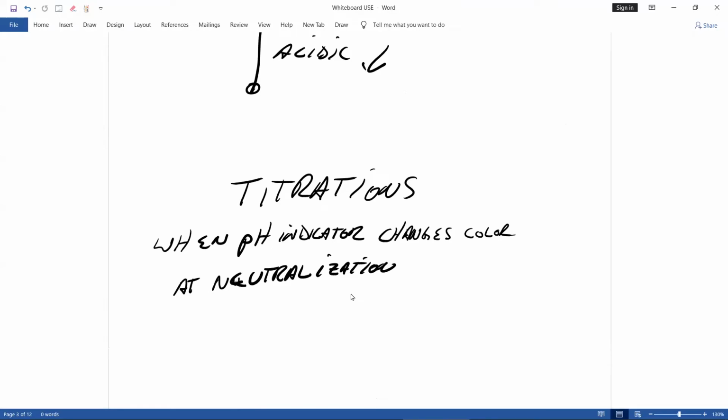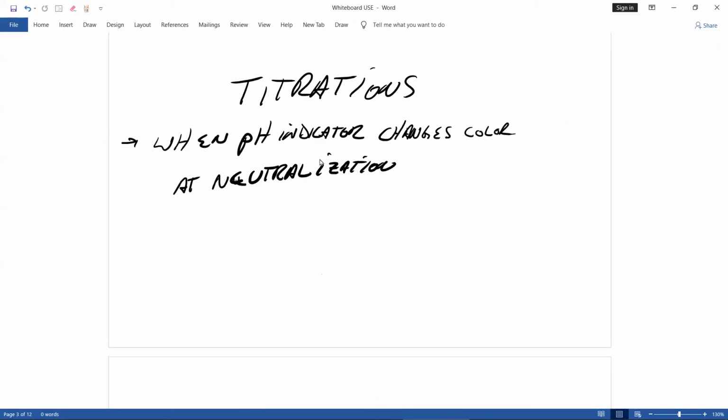All right, when you do a titration using a pH indicator, when the pH indicator changes color, you're at neutralization. What does that mean? You're at pH 7 when using phenolphthalein, and that tells you moles of acid equals moles of base.